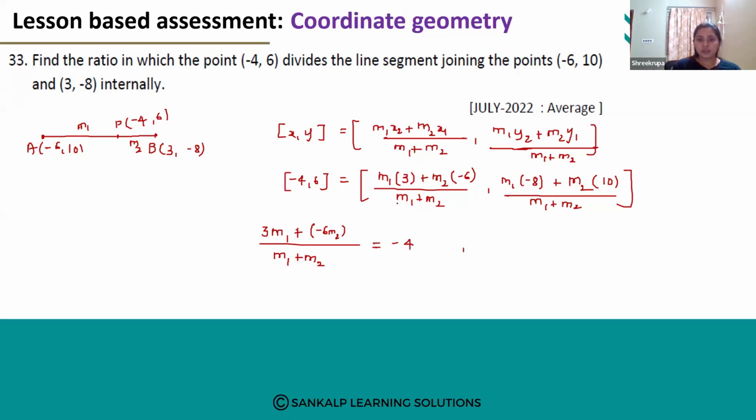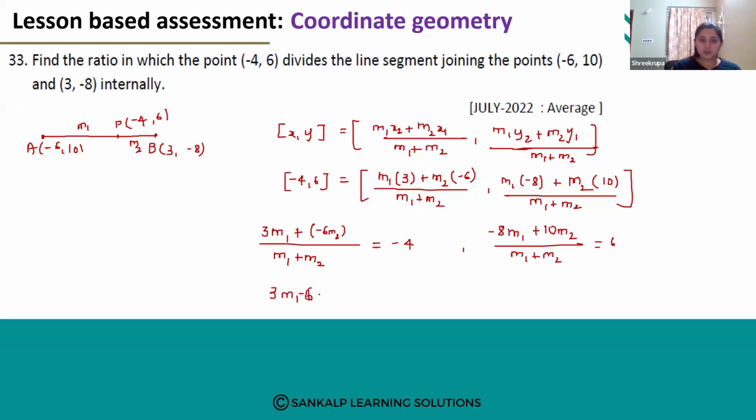Similarly, if you equate the y part, (-8m1 + 10m2) divided by (m1 + m2), to 6, then we can calculate the ratio. Anything is fine. In both the cases, we will get the same ratio. So I'll just consider this equation.